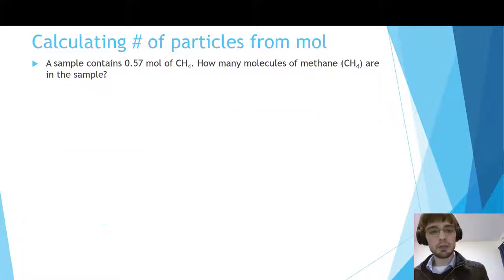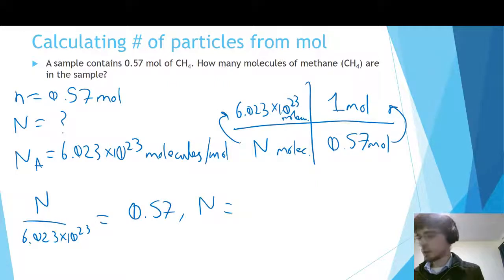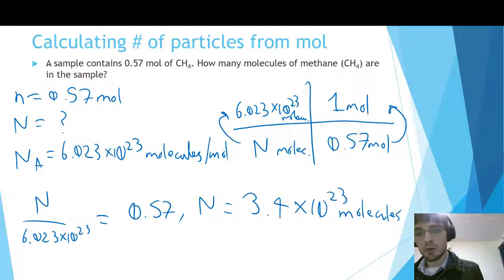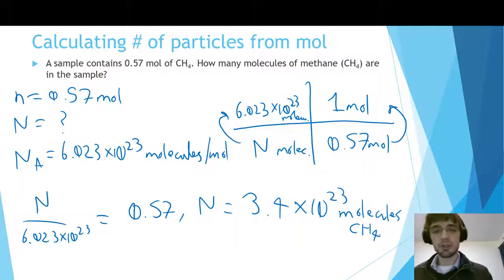So N is going to be equal to 0.57 times 6.023 times 10 to the 23, which is 3.4 times 10 to the 23. And that is molecules of methane. So obviously if I'd asked for hydrogen, you'd have to do an extra multiplication there.